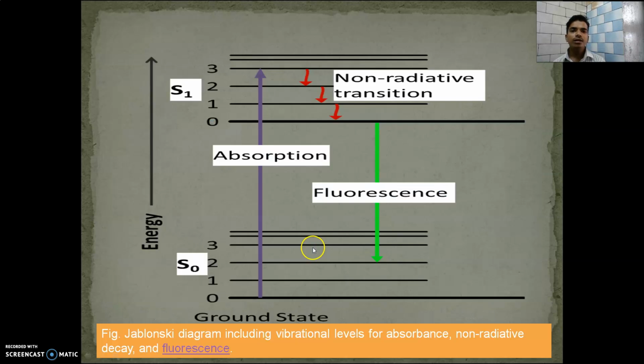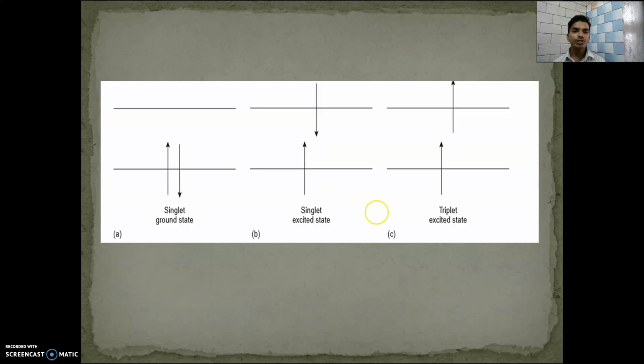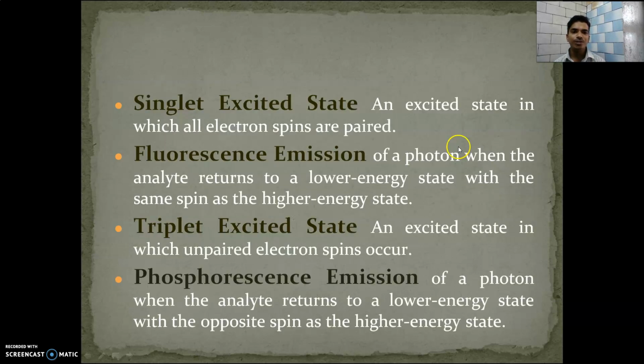Then there is a triplet excited state, the excited state in which the electron spins are unpaired. So it is an unpaired electron, unlike the paired electron. The spinning is on the same side in one case and on the opposite side in the other. This is phosphorescence emission, and it is different from fluorescence emission.